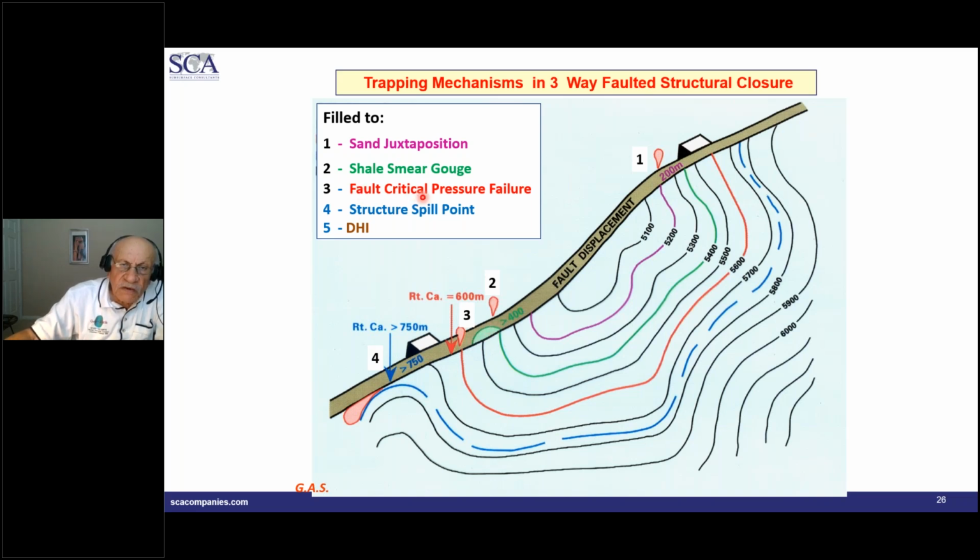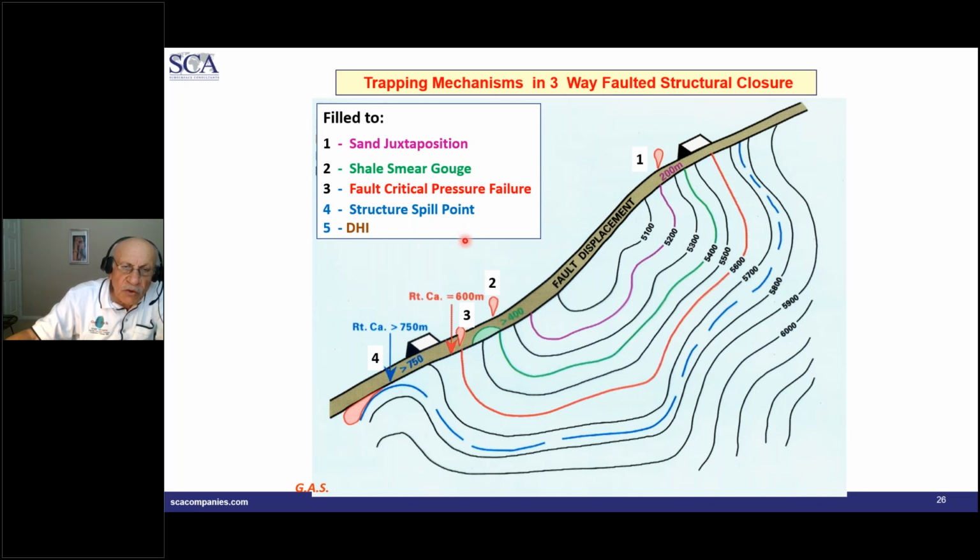If you have a fault critical pressure, which is part of the course as well, your hydrocarbon compartment is a little bit bigger because the fault is going to open up later.